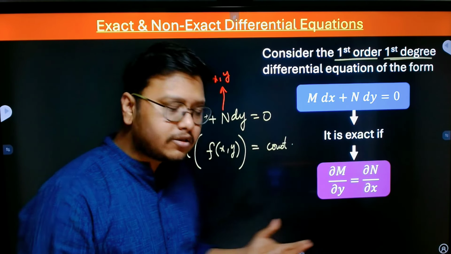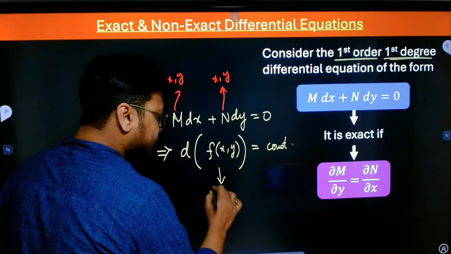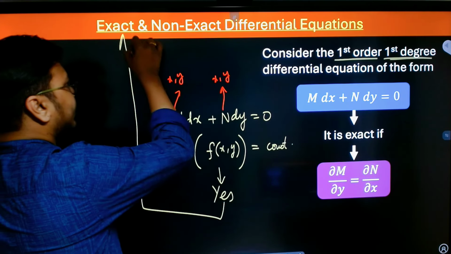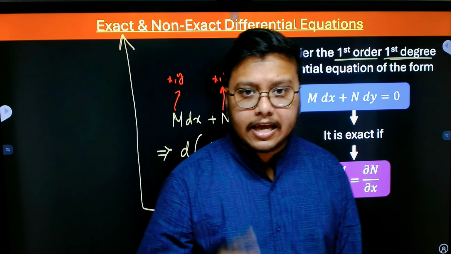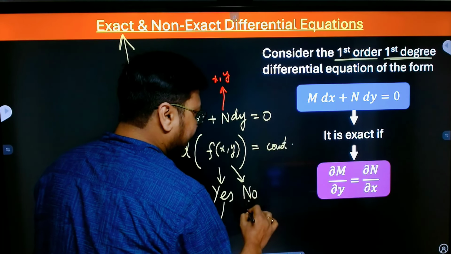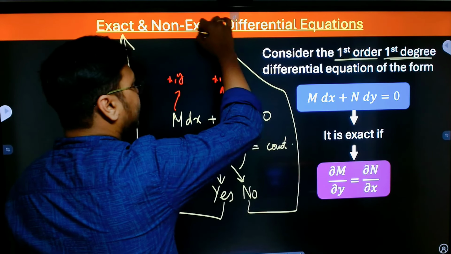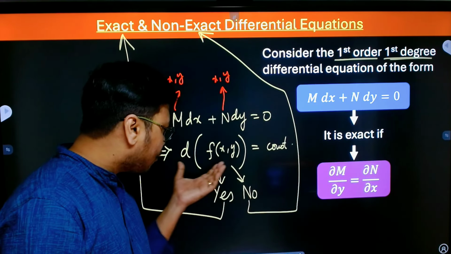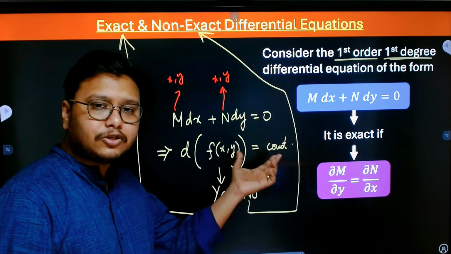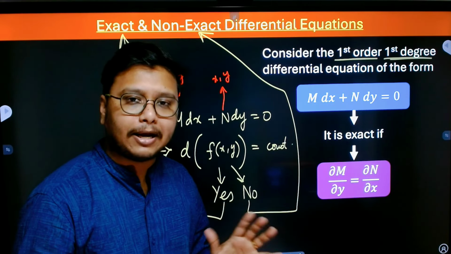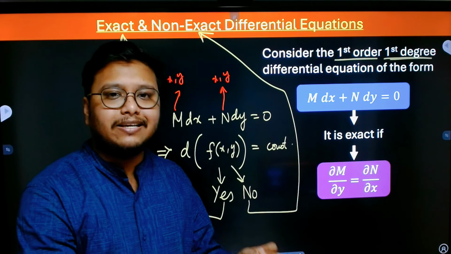If the answer to this question is yes, then that differential equation is called an exact differential equation. If the answer is no, then that differential equation is called a non-exact differential equation. If it is non-exact, since we cannot express it in this way, we cannot directly solve it, so we will need further manipulation using integrating factors.